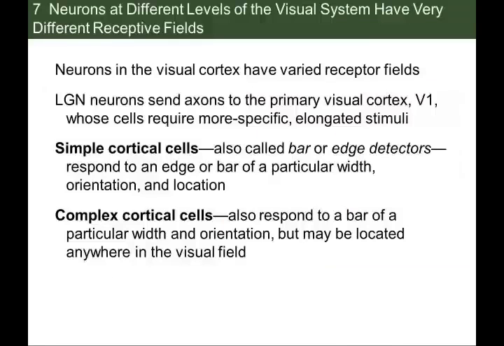A lot of this research has been done on kittens and cats, and actually this information was discovered by accident. If we have time, I'll show you the video of how they actually moved the line, and you actually hear the action potentials. Basically, they have a microelectrode inside the visual cortex, V1.